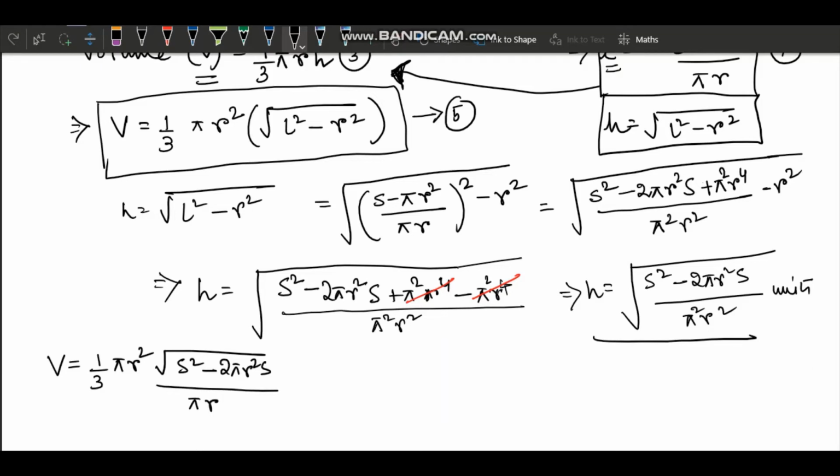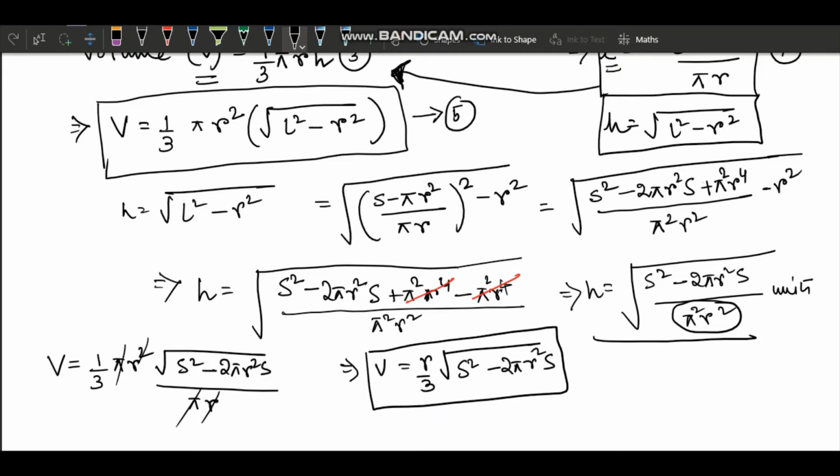We take the square root of this quantity and we are getting pi r, so it gets cancelled. Ultimately we have v equals r by 3 into root over of a square minus 2 pi r square s.